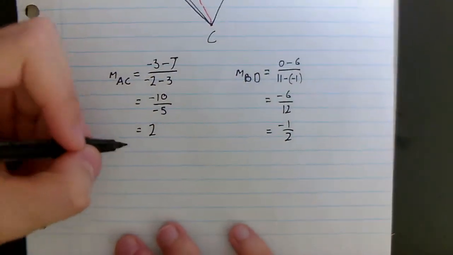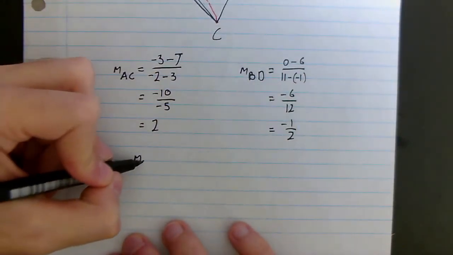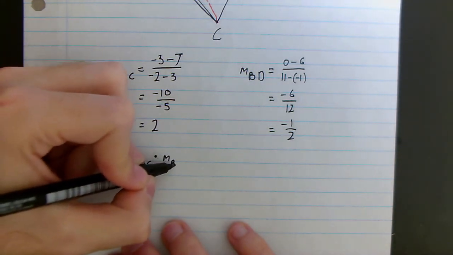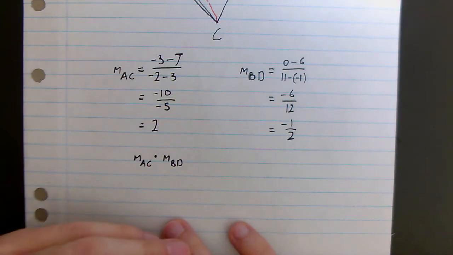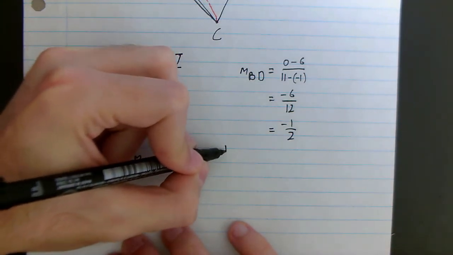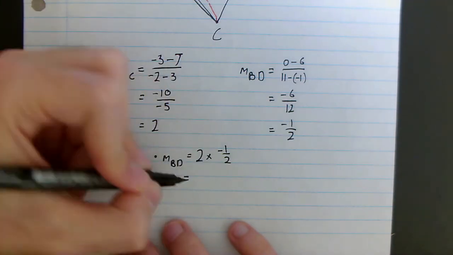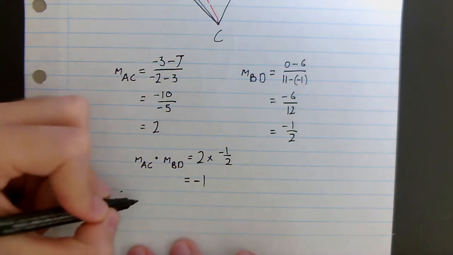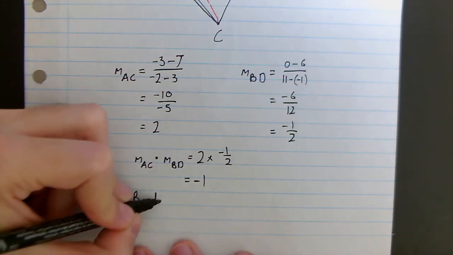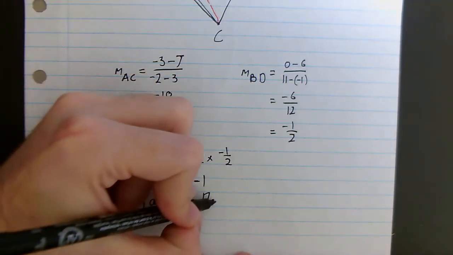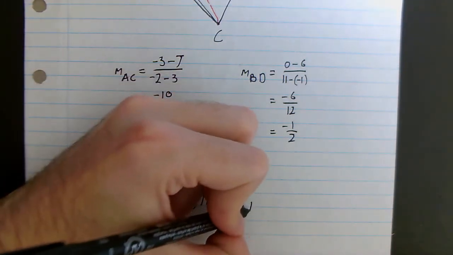Now if we consider the gradient of AC and multiply it by the gradient of BD, what we get is 2 times minus 1 over 2, which is equal to negative 1. Therefore, by definition, they are perpendicular lines.